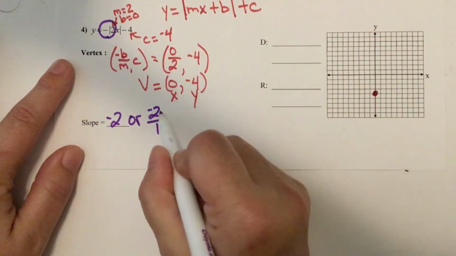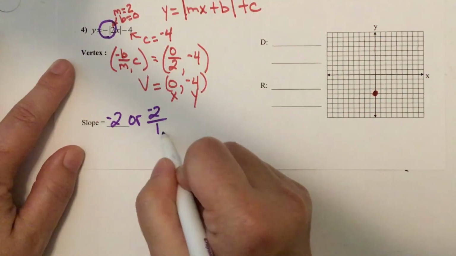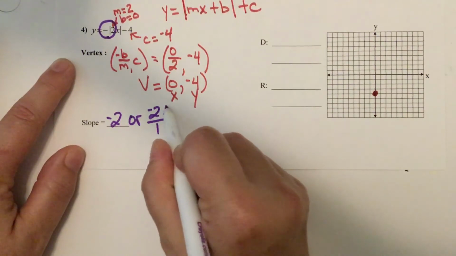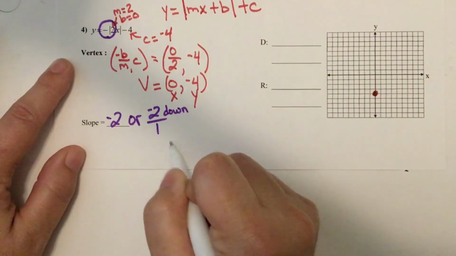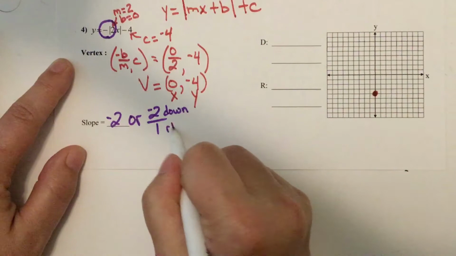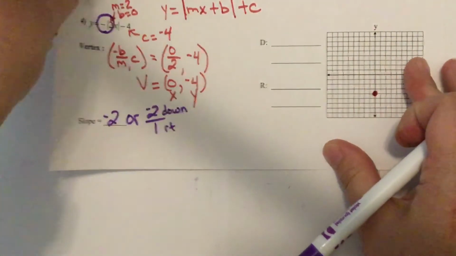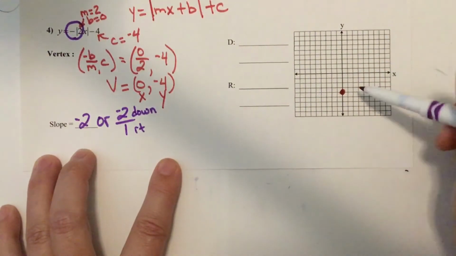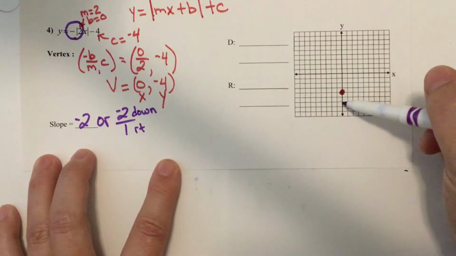So slope, remember, is rise over run or fall over run. So this time I'm going to go down because it's negative, but the 1 is still positive, so I'll go to the right. So let's go to our vertex, and we're going to go down 2 and right 1.